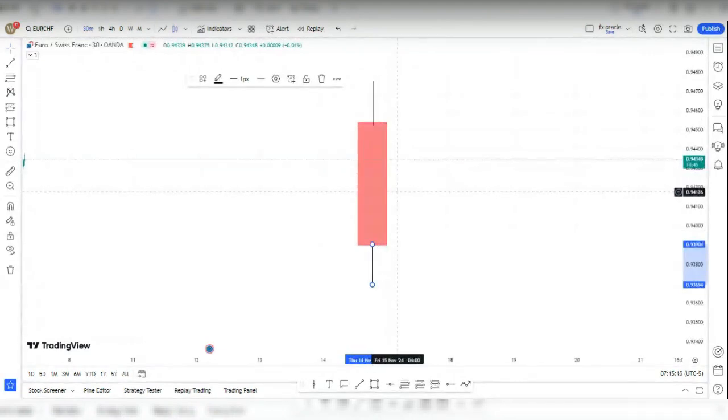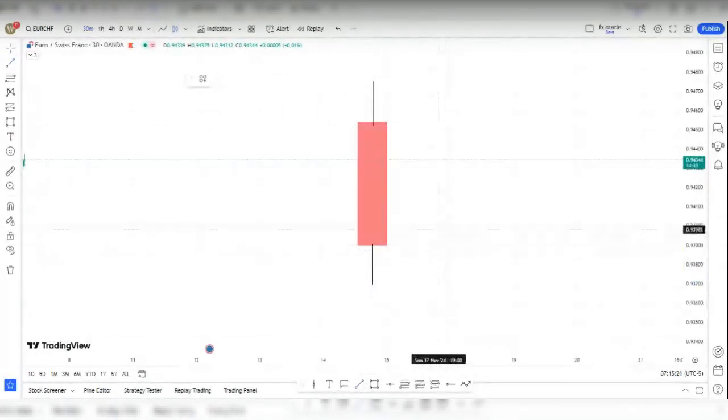So now, for a bearish candle, for you to know the opening price, hold on, let me adjust this.